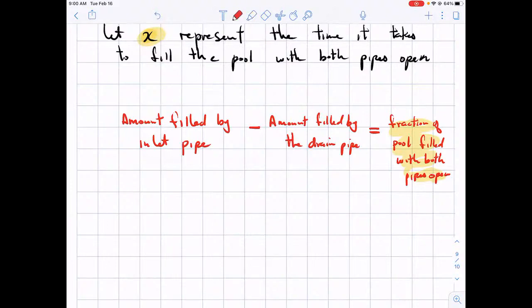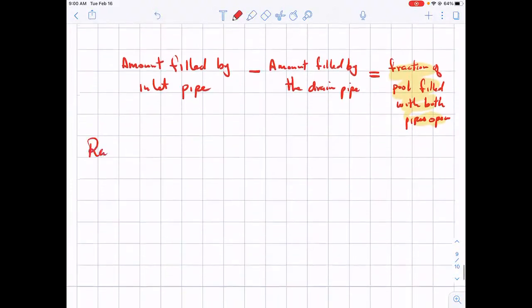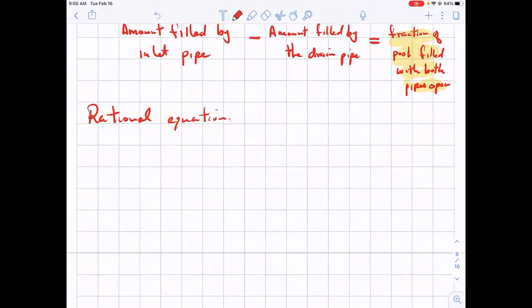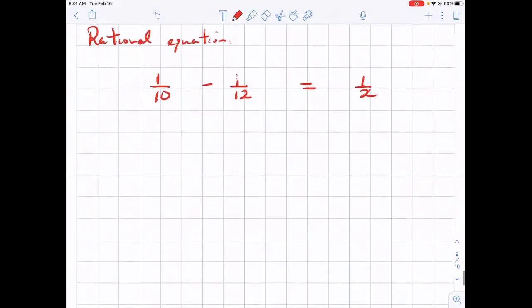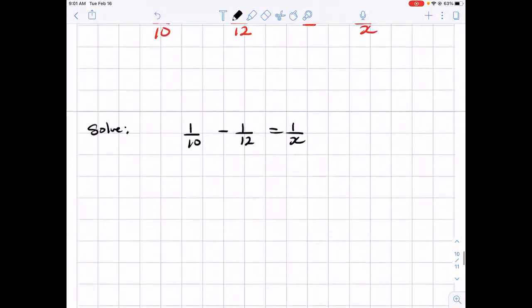So our rational equation is 1 over 10 minus 1 over 12 is equal to 1 over x. And this is the equation we have to solve. So what is my lowest common denominator?